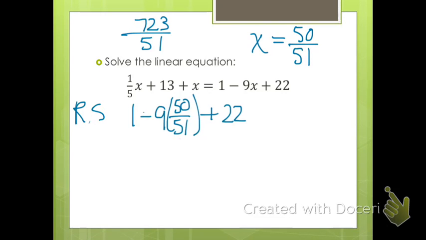Okay, so I want to combine these, so I have 23 minus 450 over 51.